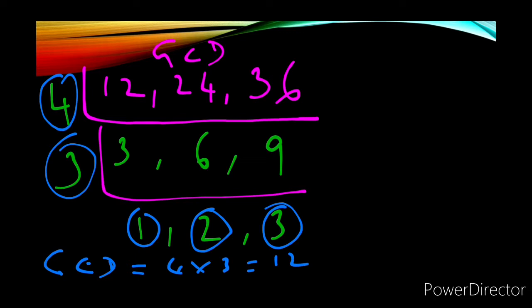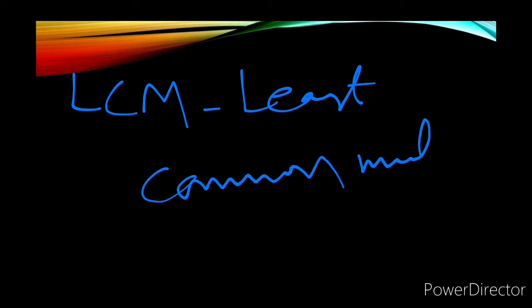While finding LCM, what is LCM? LCM is least common multiple. Now we see how can we find LCM of the same numbers, that is 12, 24, 36.